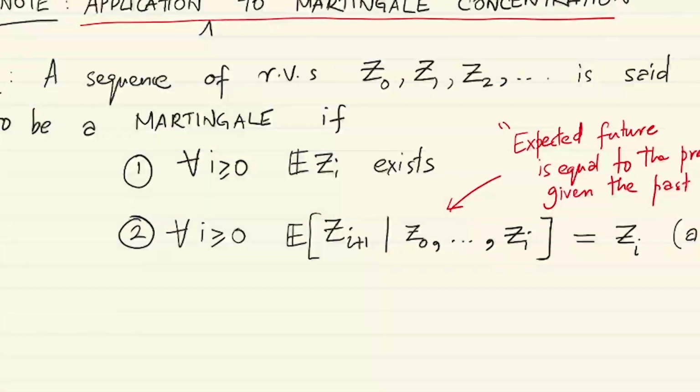Or another way to say it is that the expected change of the future compared to what you've seen so far is 0. Okay. It's a very powerful property that arises in many stochastic processes, and so it's of great interest to be able to control deviations or prove concentration inequalities about martingales very often.